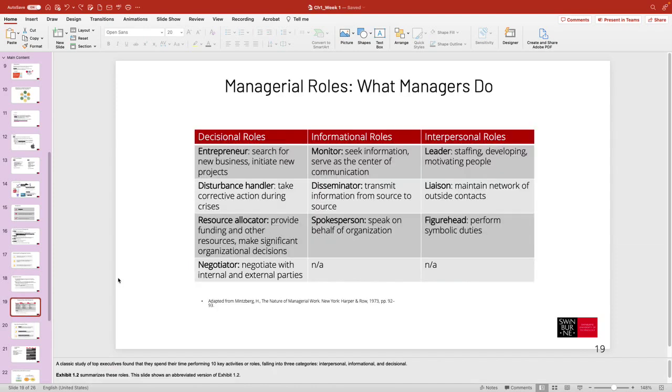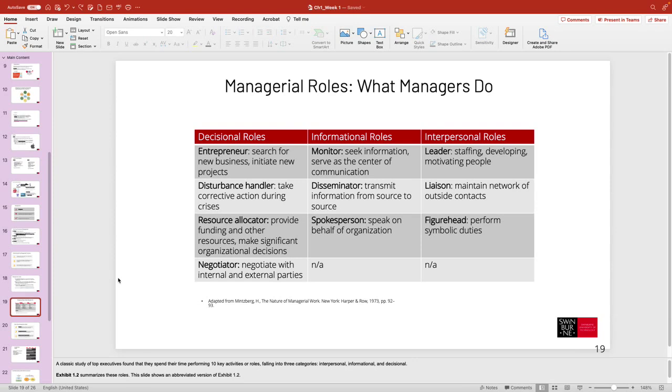Managerial roles: what do managers do? As you can see in this table, guys, there are so many roles that a manager has to play. They make decisions, and there are 4 different roles related to decisions. Entrepreneurial: where to invest, where to initiate, where are the new businesses.